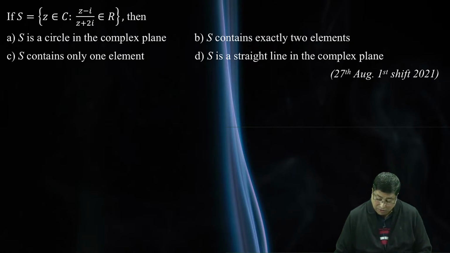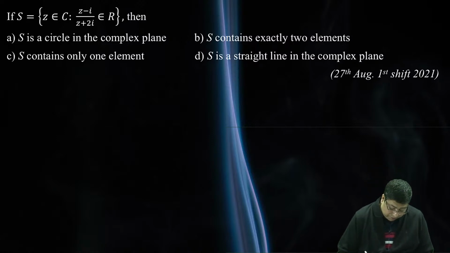Here it is given that set A is the set of complex numbers z such that (z minus i) by (z plus 2i) belongs to the real numbers. Then what is z? Let us solve, and if you can solve, my students, you must write it.